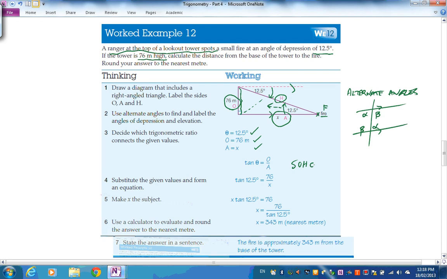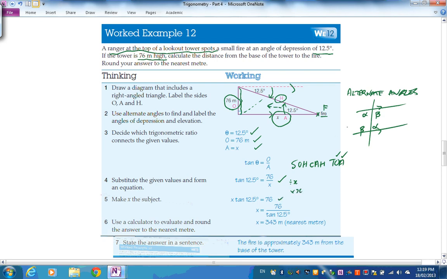So what do we get? What have we got? We've got the opposite and the adjacent, those two. So the tan of 12.5 is the opposite over x. We've divided by x here. So we want to now multiply by x.